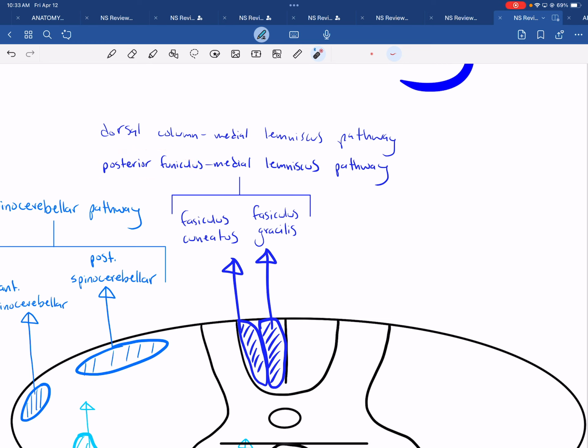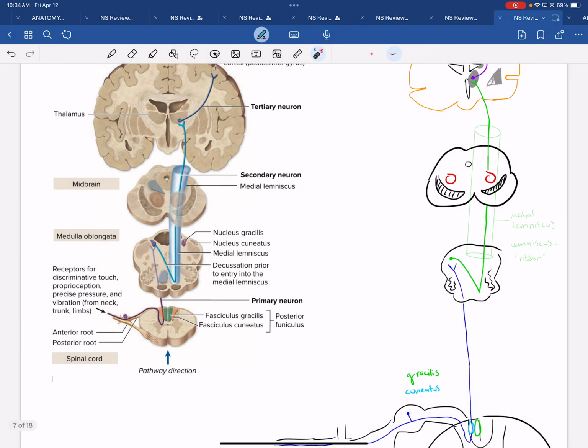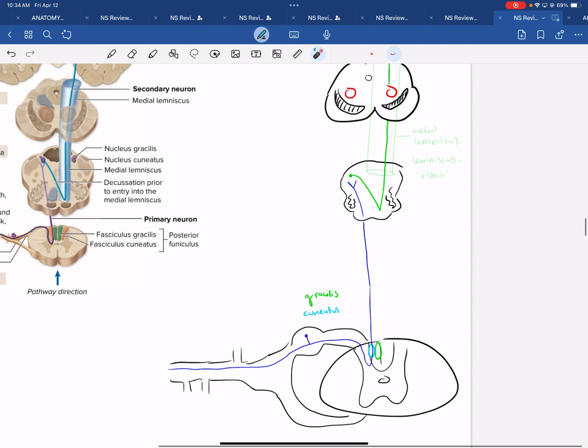It runs medially, and then it forms a lemniscus, which is a ribbon, like a hair ribbon. So is this the medial lemniscus tract? Yes. So this is what it looks like.